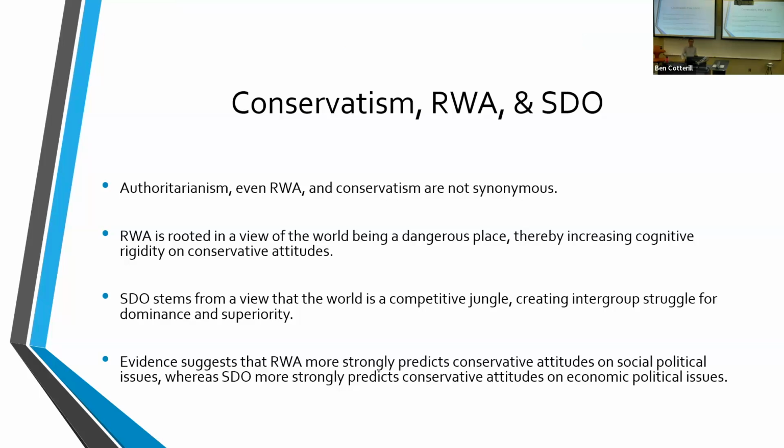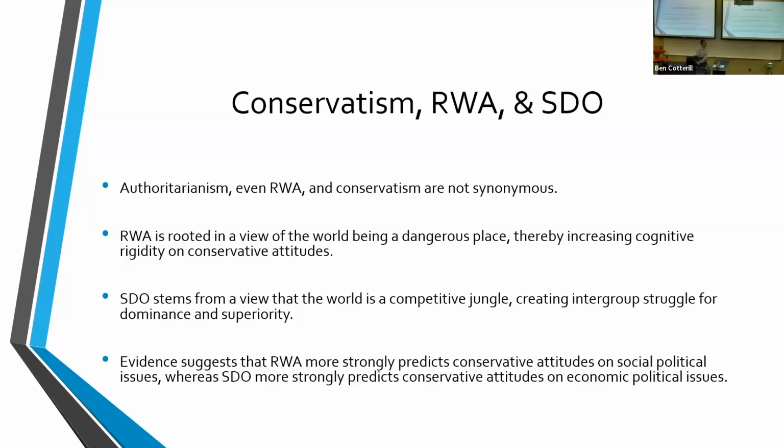Now, both right-wing authoritarianism and social dominance orientation have the likelihood of bolstering discriminatory attitudes, okay? Meaning that if one is high in either of these traits, then given the right situational variables, they can very easily be turned against other groups, such as minority groups, okay?